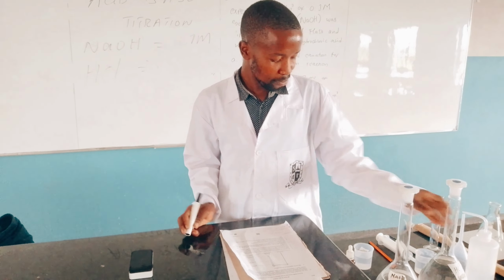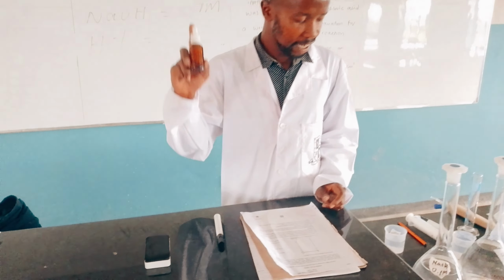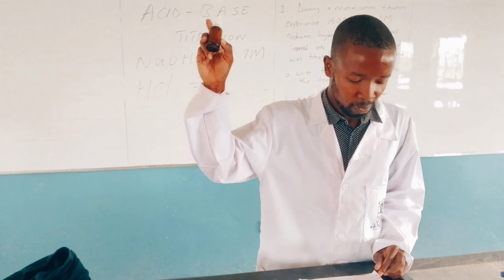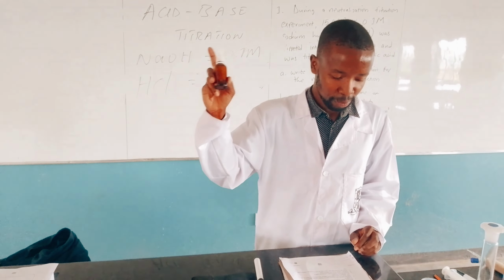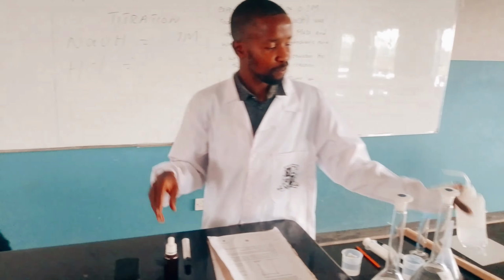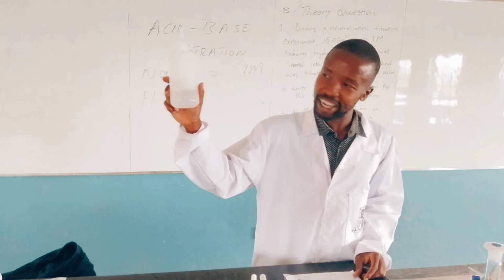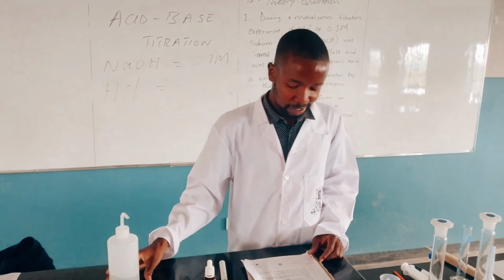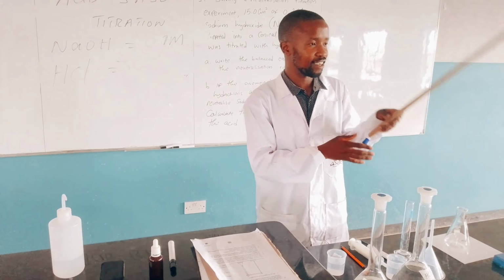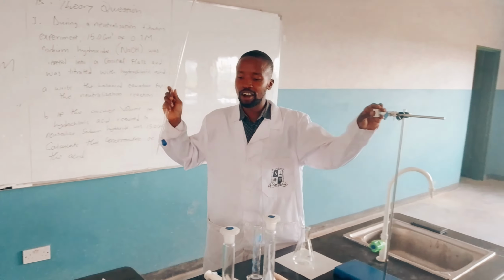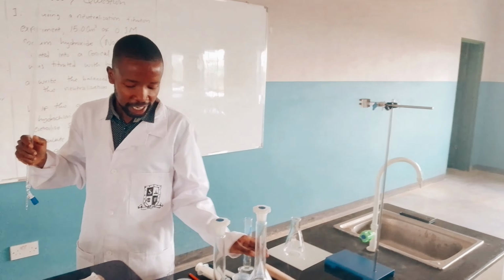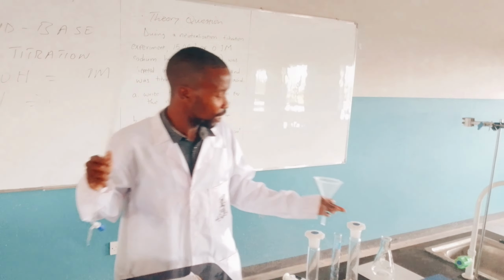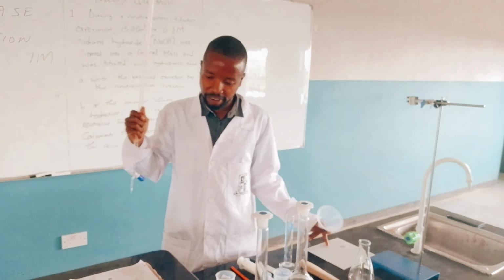We also provided phenolphthalein indicator in a dropper bottle, distilled water in a wash bottle, a burette, a funnel, and a white tile.